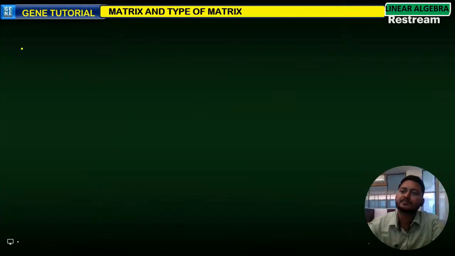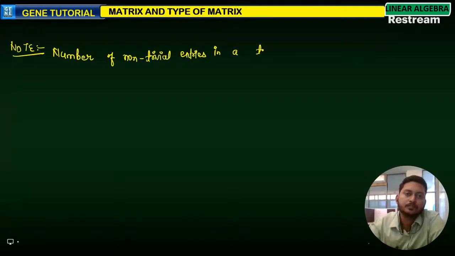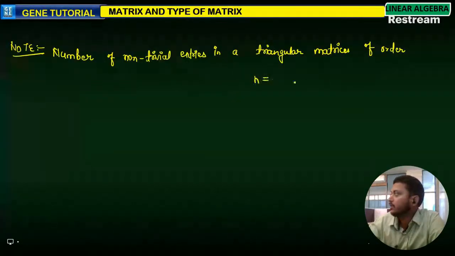Let us see. The note is: the number of non-trivial entries in a triangular matrix of order n is equal to n(n+1)/2.